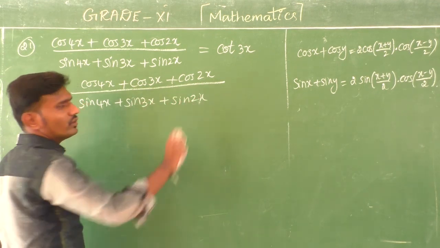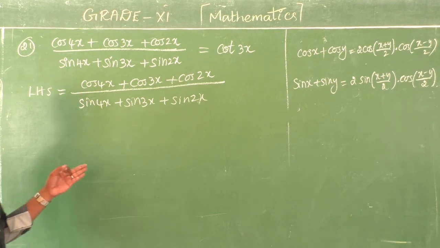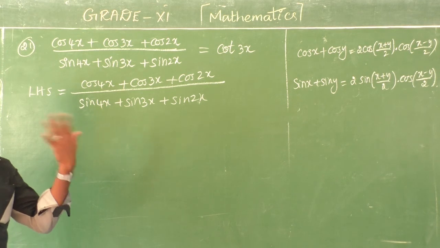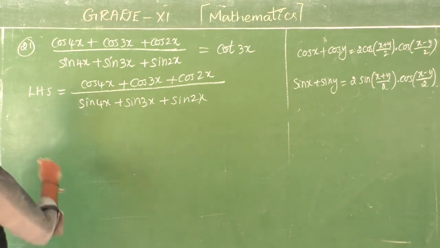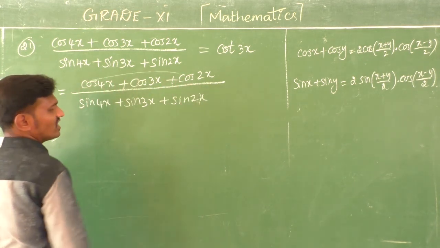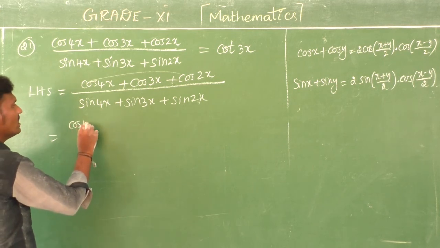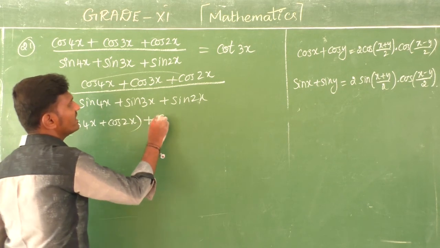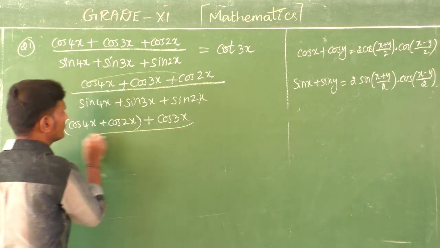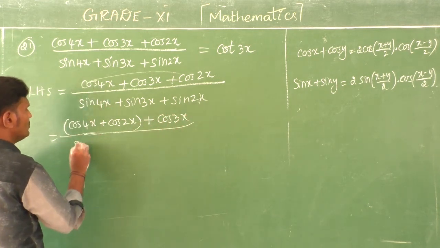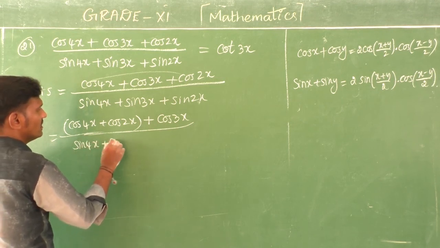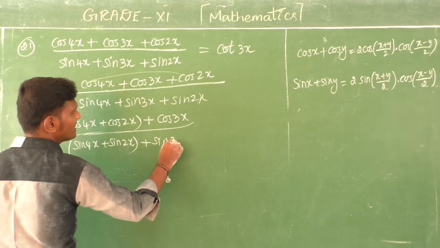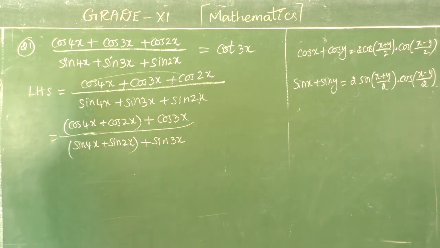From the three terms, I am selecting two terms first, because I have the formula for sin x plus sin y or cos x plus cos y. I am selecting the first and third term, so that is (cos 4x plus cos 2x) put one bracket, and then write cos 3x. And here also (sin 4x plus sin 2x) plus sin 3x.